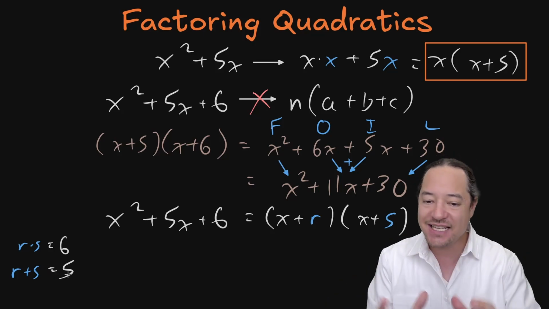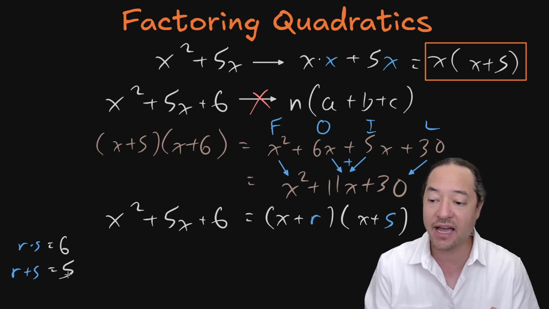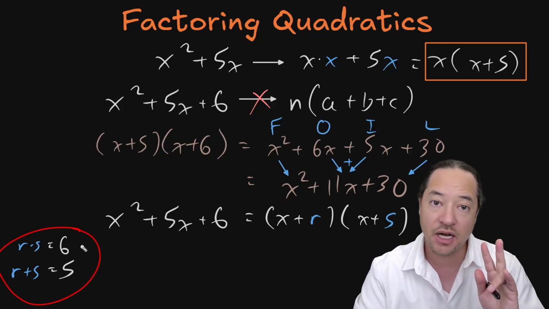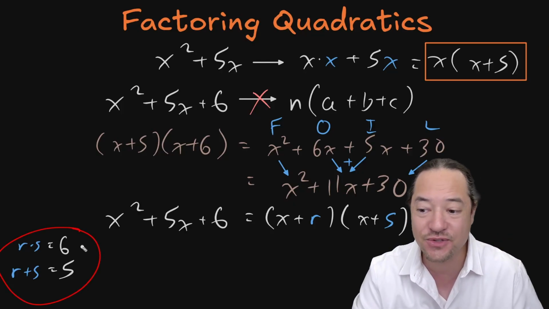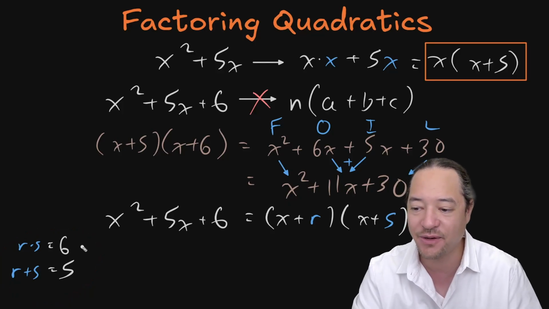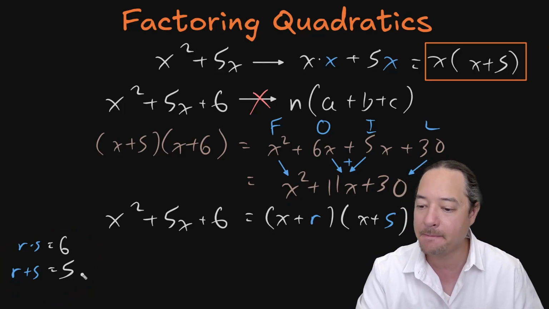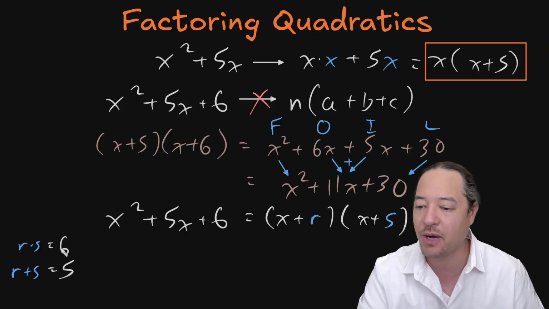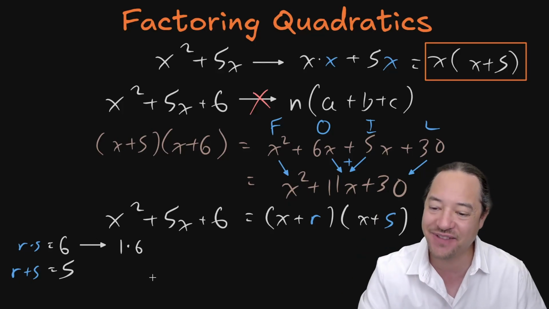Okay, and so these are the conditions that we have for R and for S. What we've essentially done is create a system of two equations with two unknowns, so we should be able to solve for R and for S. There are different ways you could solve this, but we're just going to think about the factors of 6. 1 times 6, that's one set of factors.